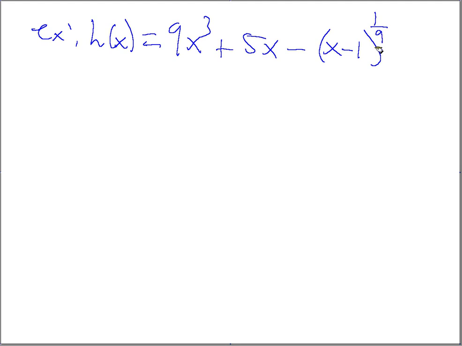Just look at this root index being 9. So this is really the 9th root of x minus 1, which is odd. So therefore domain is going to be all real numbers.